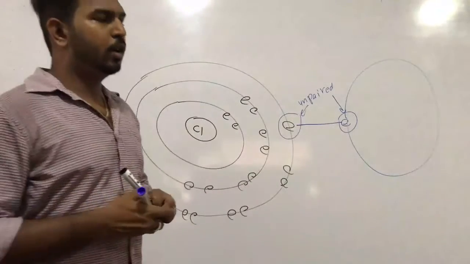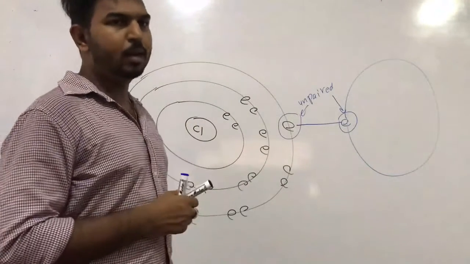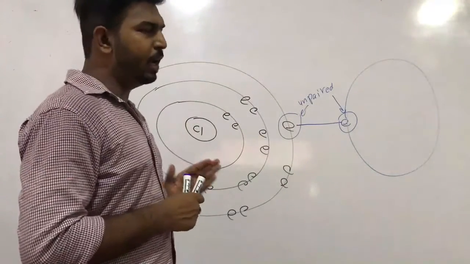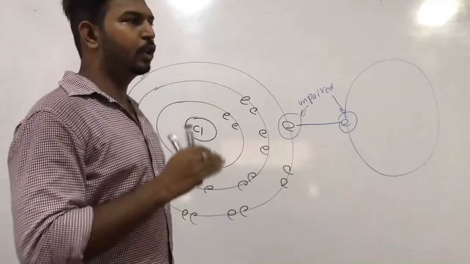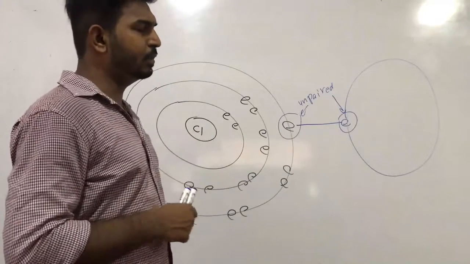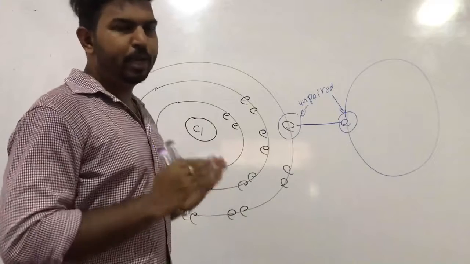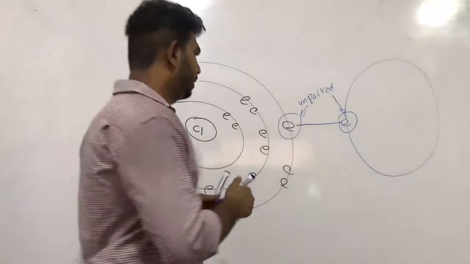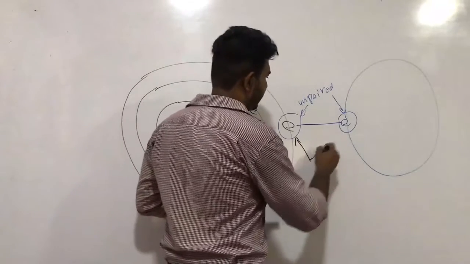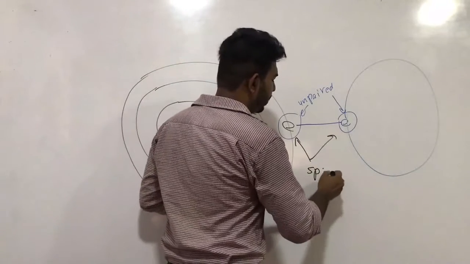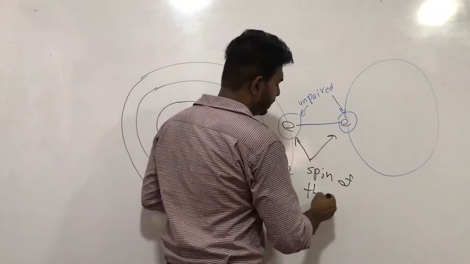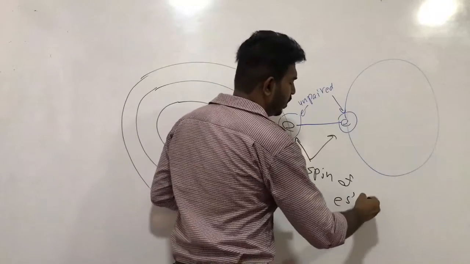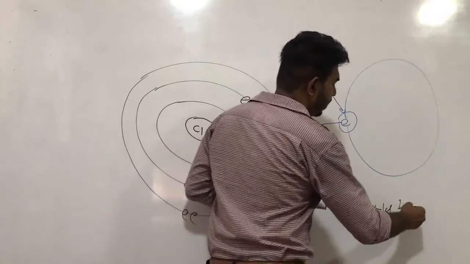So for the formation of chemical bonds, there should be unpaired electrons, and the spin of the two electrons should be different.